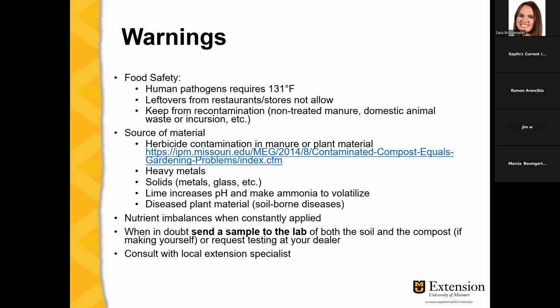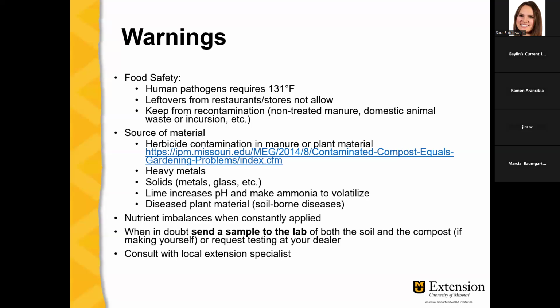You may have a pet at home. You don't want the pet to poop in the compost pile. Essentially, because if you use this compost in your vegetable garden, you're increasing the risk that the vegetables may become contaminated with feces or compost that has been contaminated with human illnesses, human diseases.